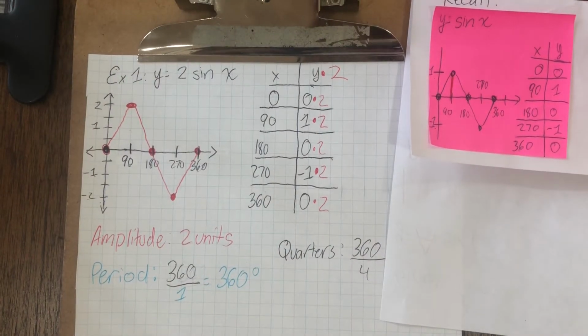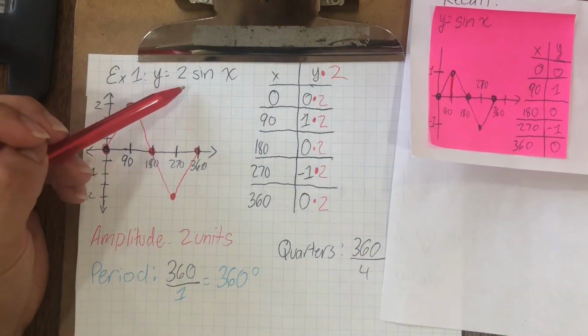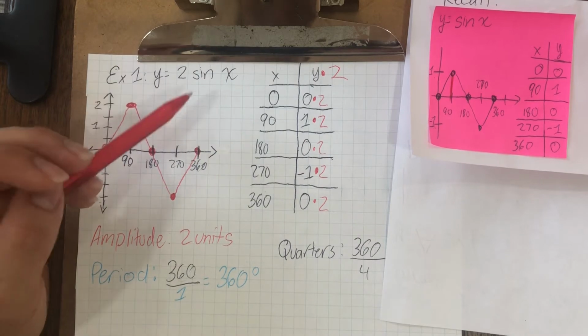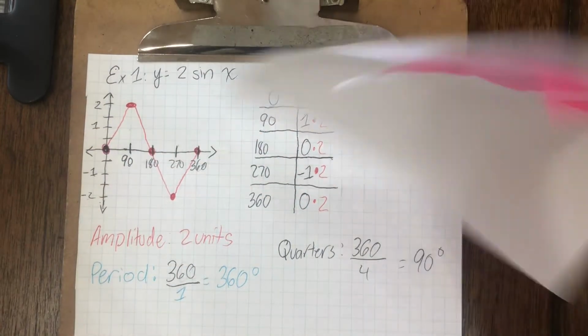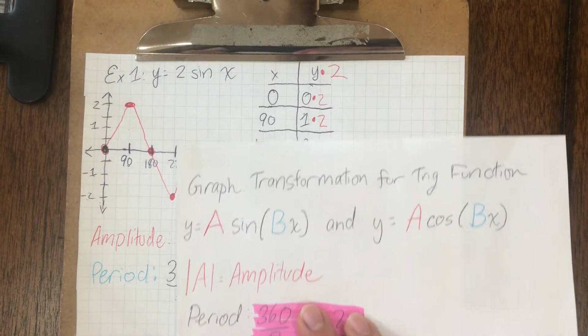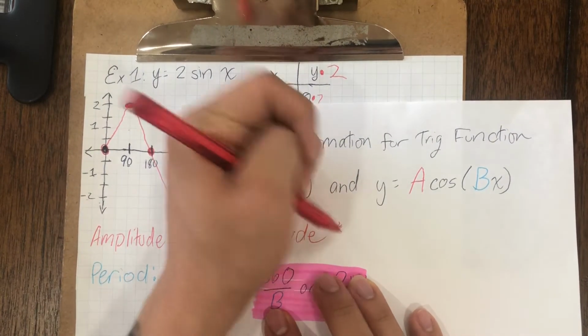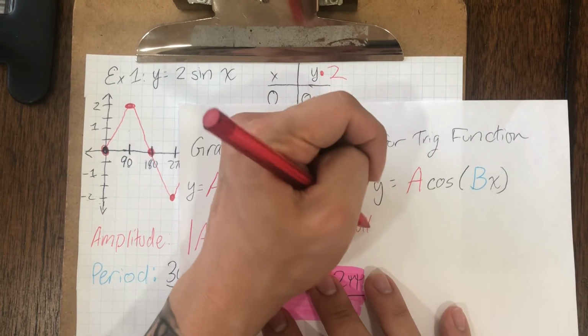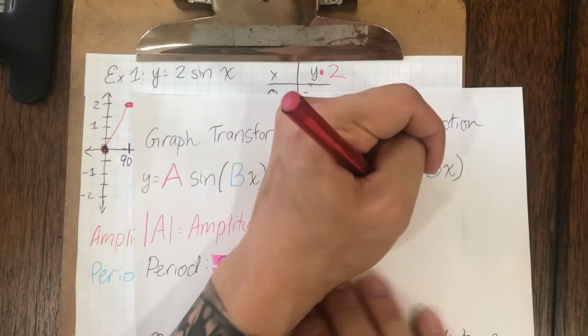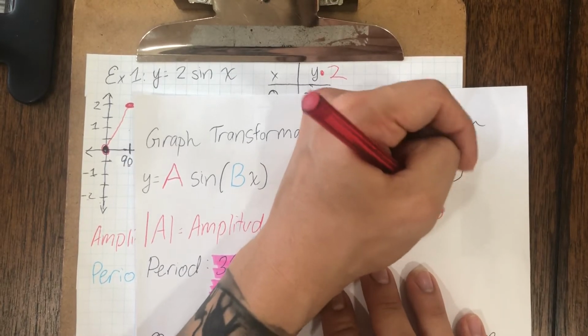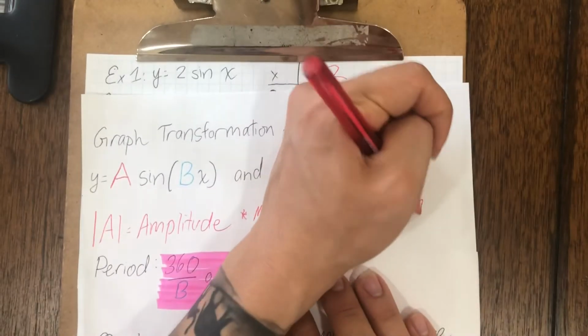So that means that if we have a number in front of the whole trig function, then we multiply the y values by that number. So if you want, we can write this down for the amplitude. We would multiply the y values by whatever a is, all right?